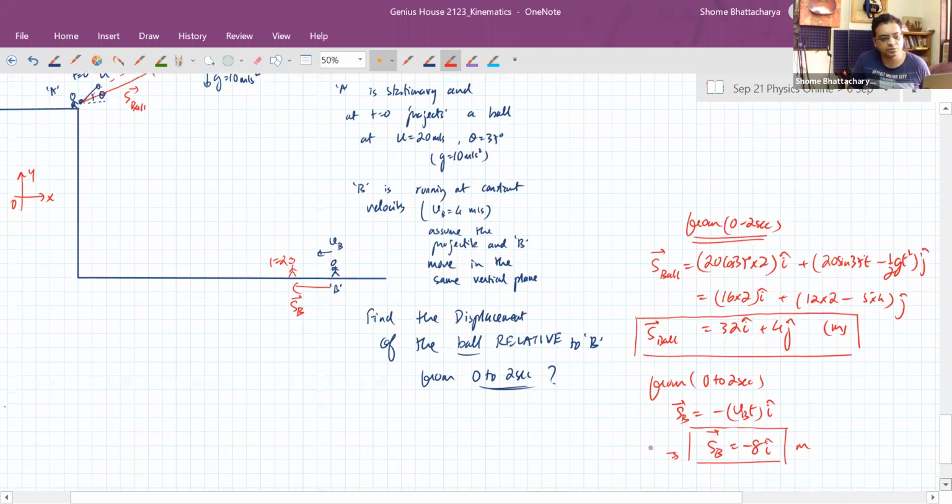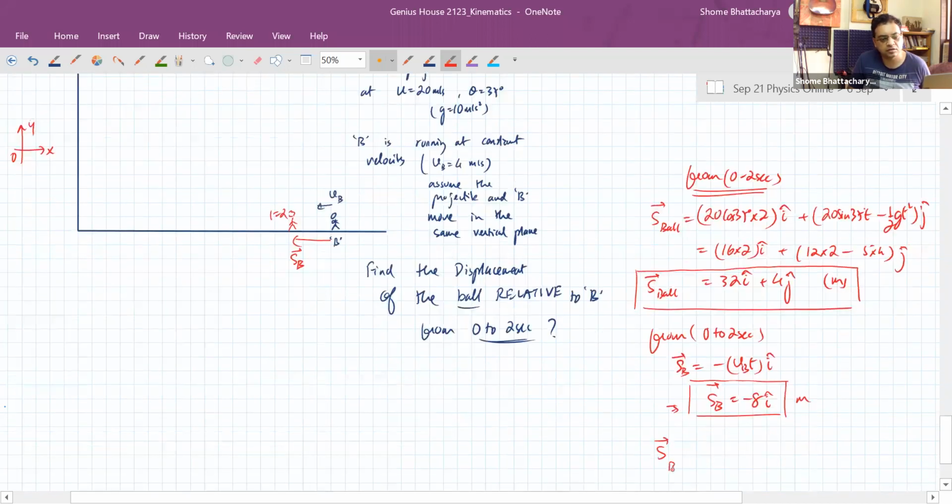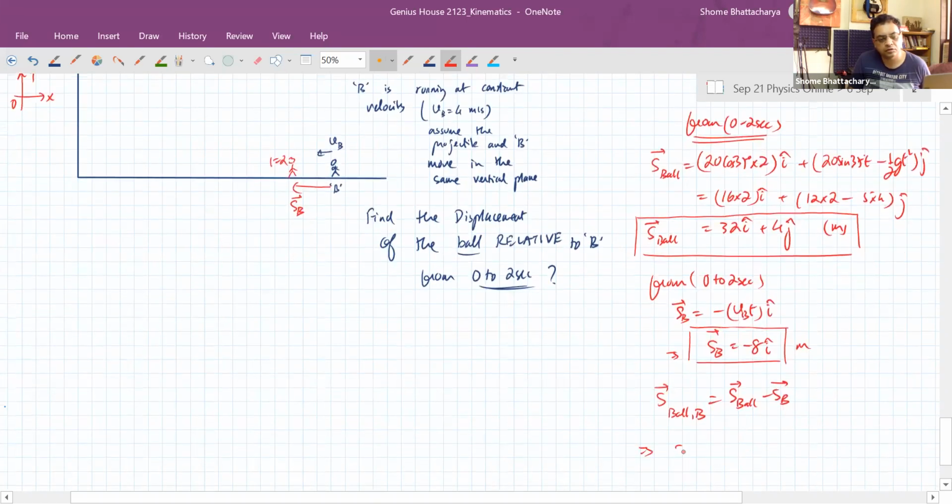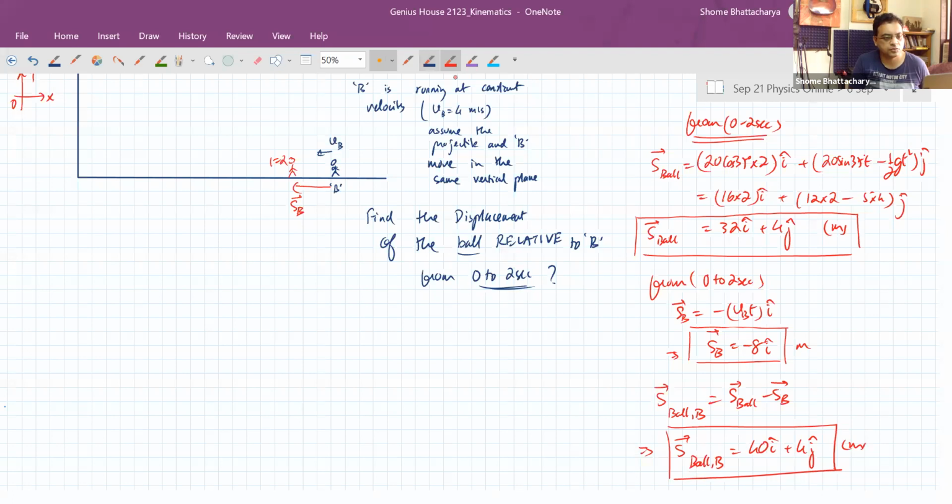So the displacement of the ball as seen by B would be the displacement of the ball minus the displacement of B in the ground frame. Yes, correct, Harim.